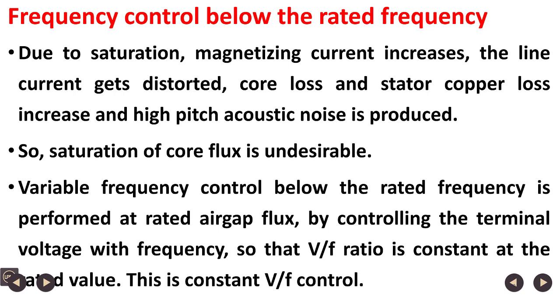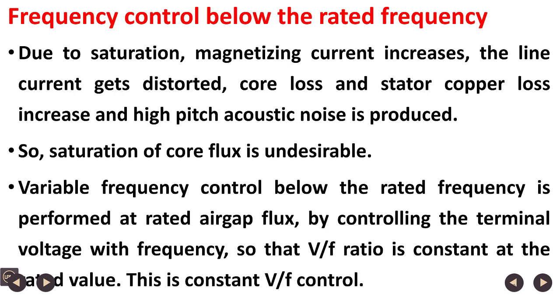Variable frequency control below the rated frequency is performed at the rated air gap flux by controlling the terminal voltage with frequency, so that the V by F ratio is constant at the rated value. This is constant V by F control. So, for variable frequency, because of these demerits of the saturation, it is always preferred to operate the motor at the constant rated air gap flux.